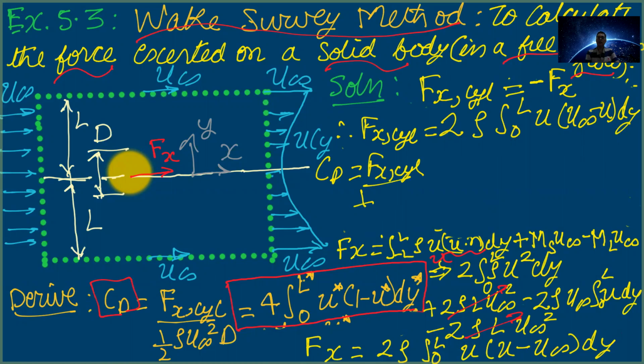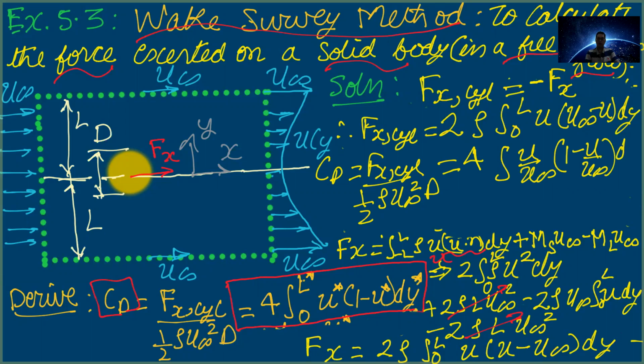So CD, the drag coefficient, is given by the drag force divided by half rho u infinity square d, and now it will become 4. Rho cancels down, and you divide by u infinity square, the integrand, and you get u by u infinity into 1 minus u by u infinity, dy by d. Now we have a definition. This u by u infinity we have defined as u star.